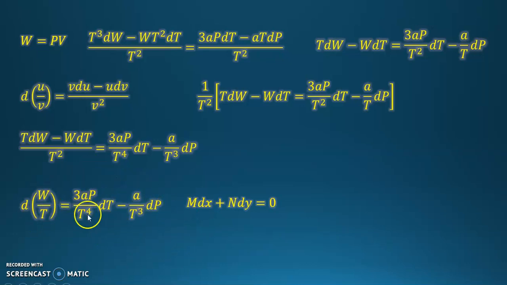So now, in order to solve the right side, we must remember an important theorem in differential equations. If we have a differential equation like this, and it is an exact differential equation, it must satisfy this condition: the partial derivative of M with respect to y is equal to the partial derivative of N with respect to x.